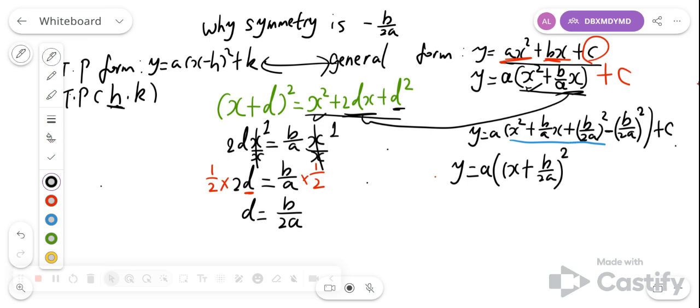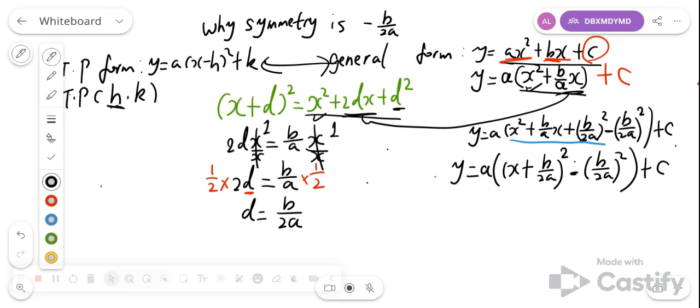Then outside the first bracket, which we completed the square, is minus b over 2a to the power of 2. And then after this one, we have c outside. So now, it still doesn't really make too much sense, but let's continue.